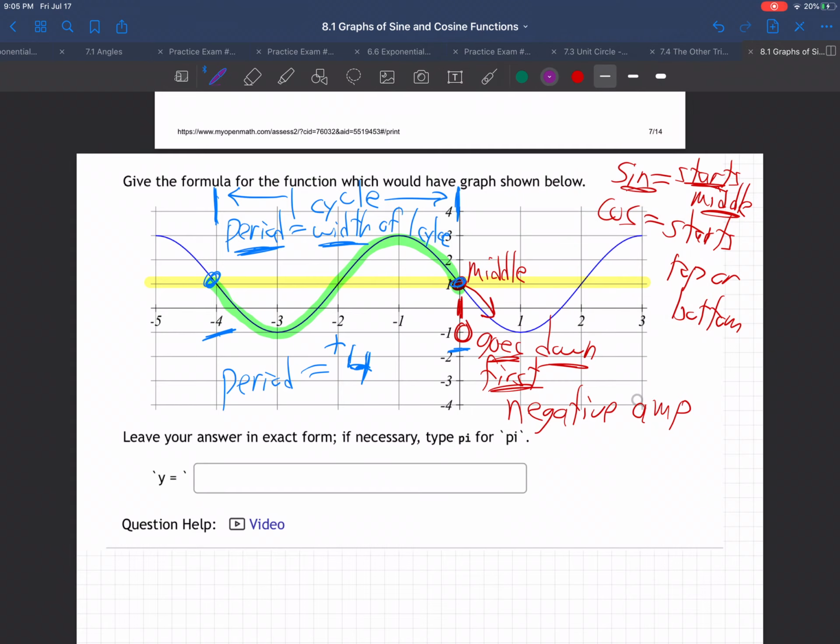What if the middle was right about there, just off a little bit, and then it went a couple higher this way, and then down over here. Well, that's too far, huh? It's supposed to go up 2 and down 2, so like over there and there. If the middle wasn't right at 0, right in the middle line, but ours is, boom, right there. It starts smack on 0 for its middle, so it has no horizontal shift.